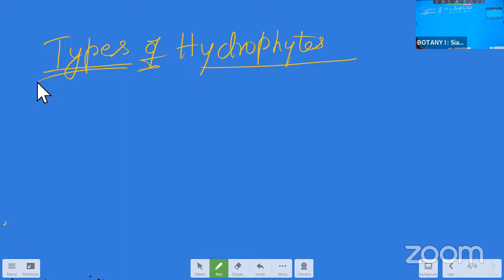So the types of hydrophytes. Here they will ask, what are hydrophytes, and list out the different types of hydrophytes in detail. So that is the 4 marks question. Here you have to write the definition for the hydrophytes, then the types of hydrophytes is mandatory. The first one is the definition of hydrophytes. What is meant by hydrophytic plants?